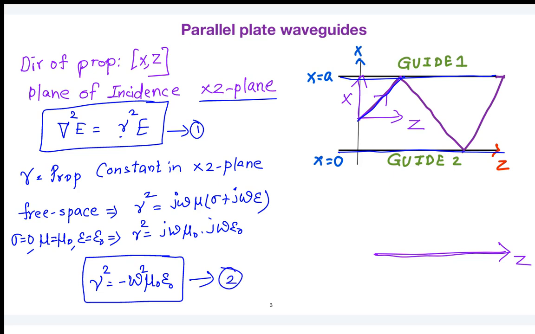First I was going to solve the wave equations, so for that I defined the propagation constant. I started with the wave equation and defined the actual propagation constant by assuming free space between two conducting plates. Any questions you have?